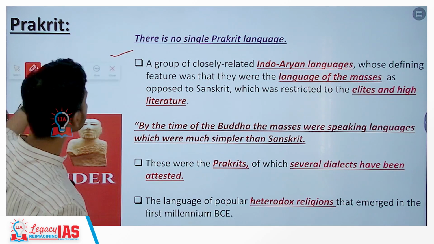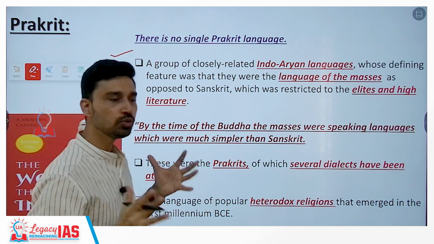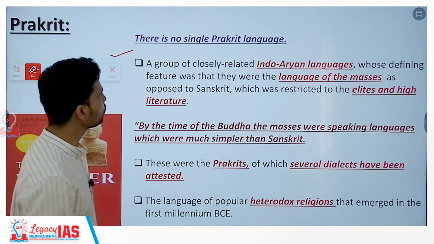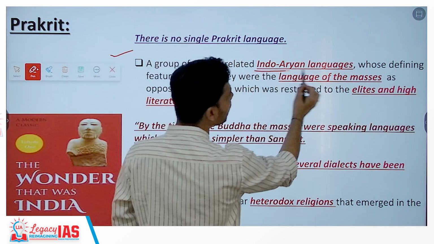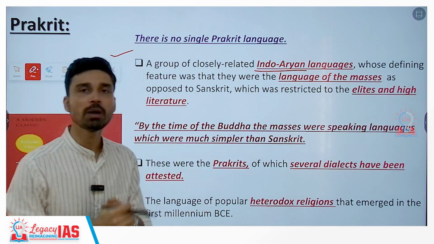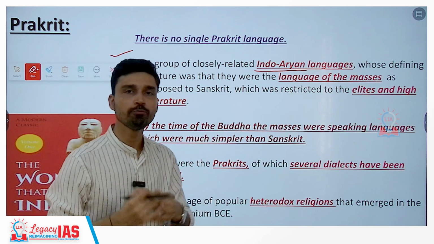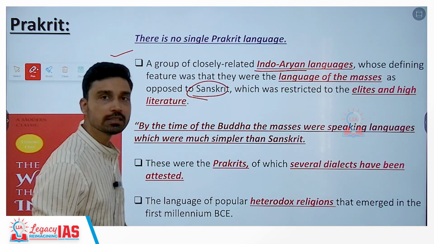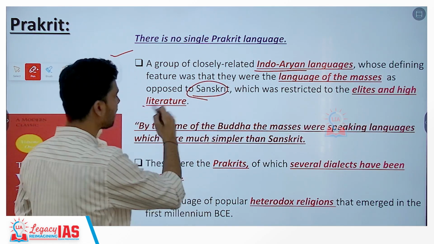Prakrit itself is not a single language, but is divided into multiple different forms. It is a group of closely related Indo-Aryan languages whose defining feature was that they were the languages of the masses, especially during the time of Buddha and Mahavir, as opposed to Sanskrit, which at that time was largely restricted to the elites and high literature.